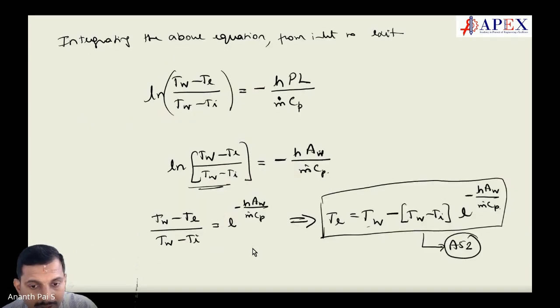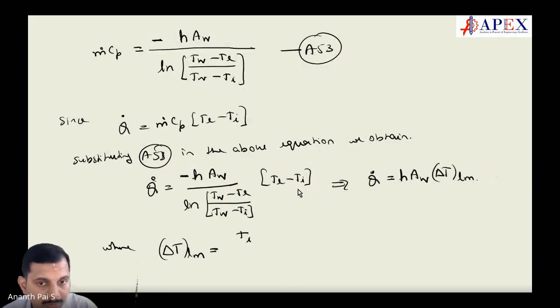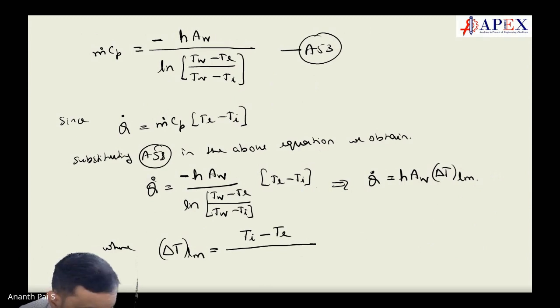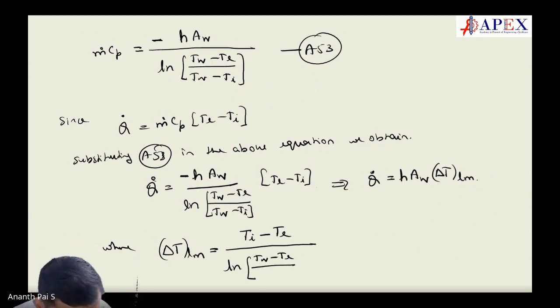So that minus has to come, because of which you will get this as t inlet minus t exit divided by log of t wall minus t exit, which is always very much less compared to t wall minus ti.